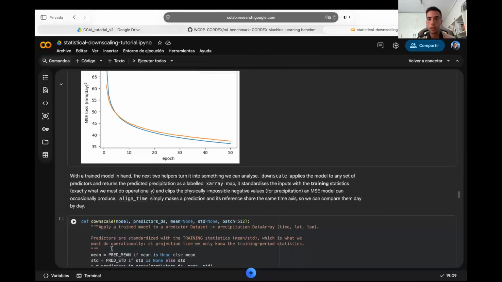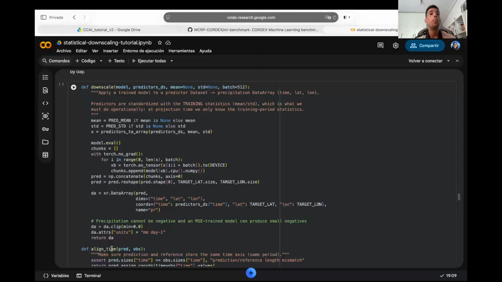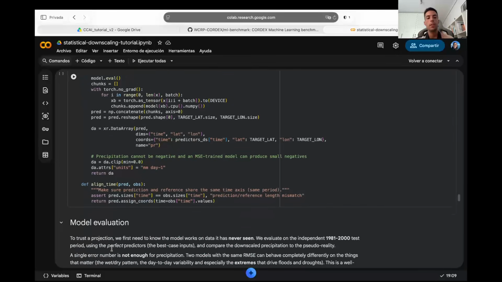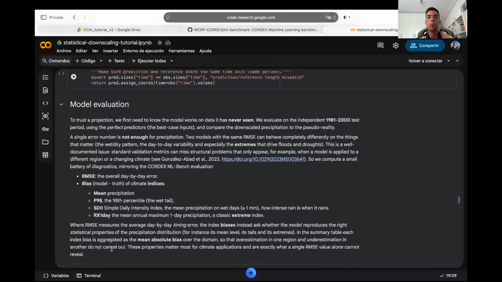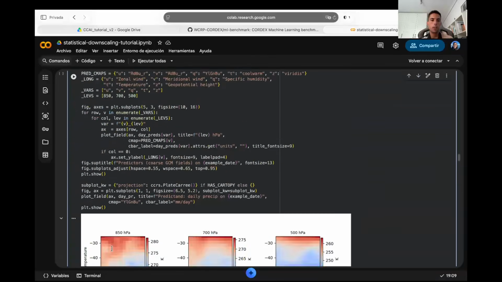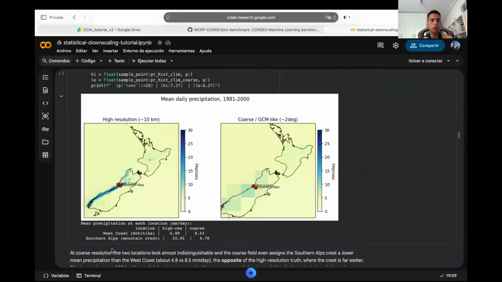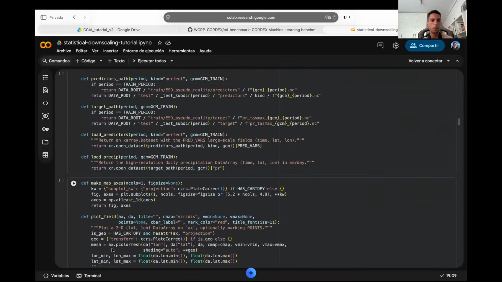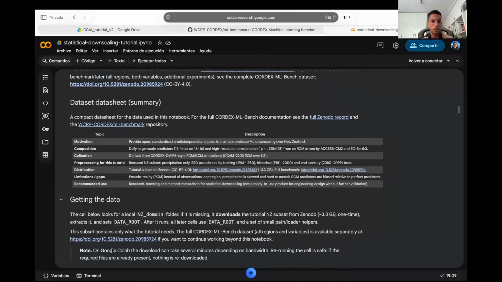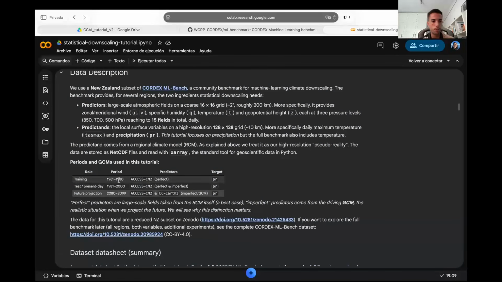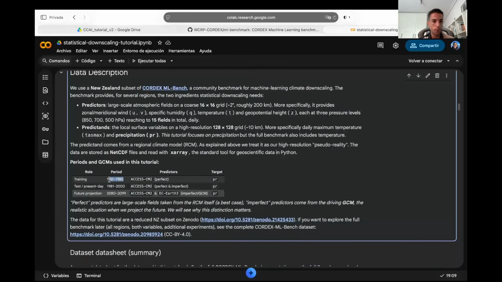Once you train the model, you can compute predictions using a different set of predictors, right? For instance, in this case, you have more details in the notebook, but overall, we are going to train the model in a certain historical period, as I mentioned before when talking about the dataset.